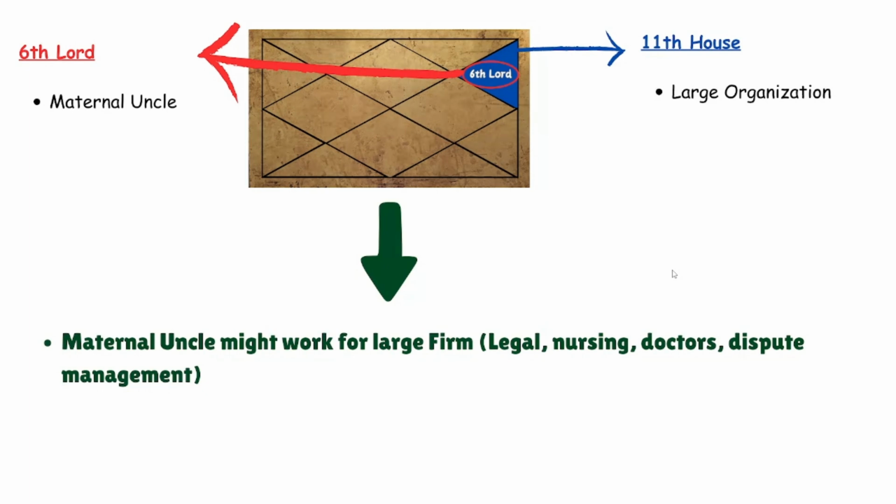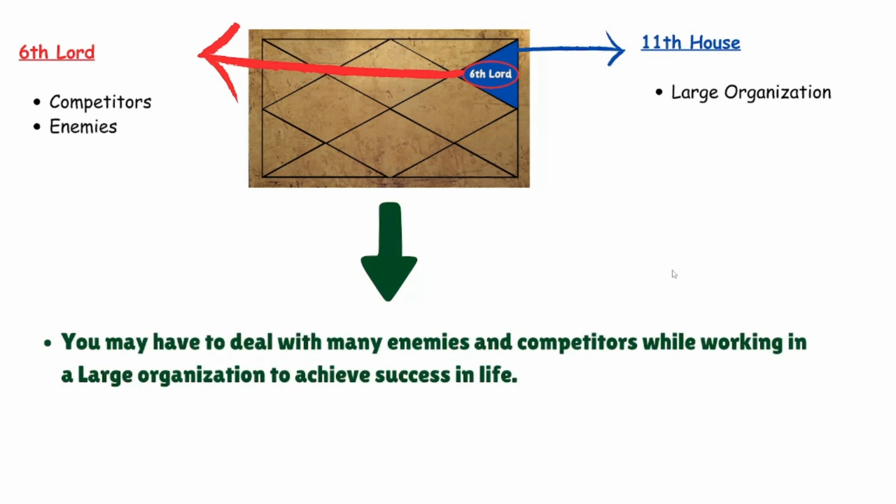It can be possible. Sixth lord shows your competitors, your enemies, and 11th house shows your large organization. So you may have to deal with many enemies and competitors while working in a large organization to achieve success in life.